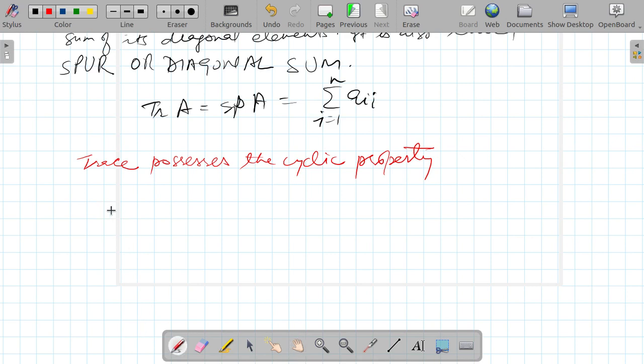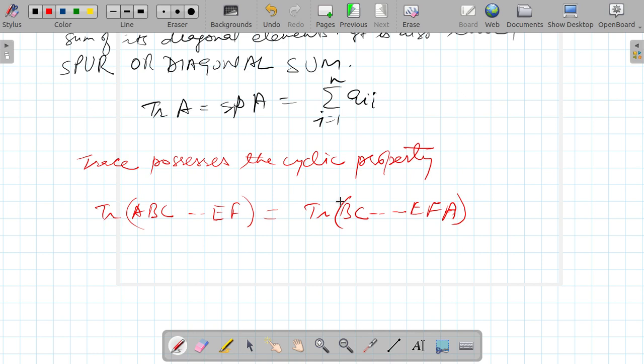If we have a product of matrices in this order, then the trace of their product can be written in this form, and that must be equal, right? So here I have written A here. That's the meaning of its cyclic property.